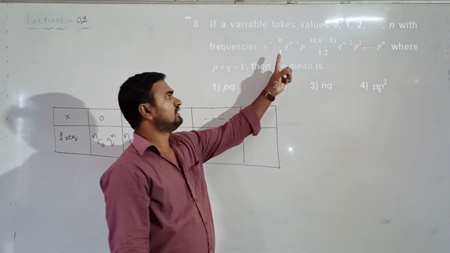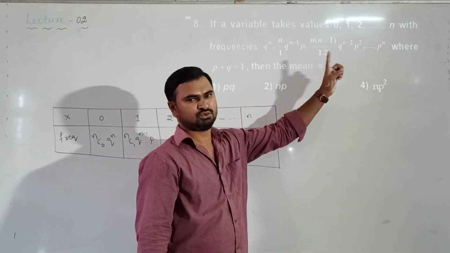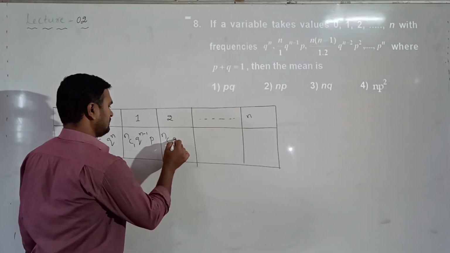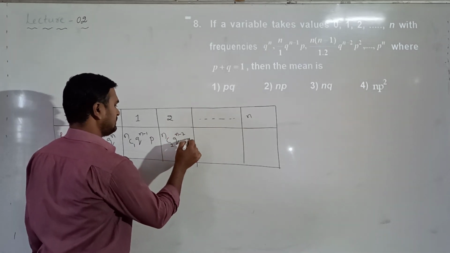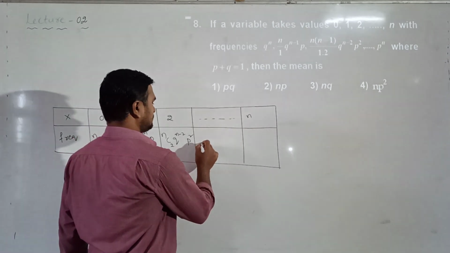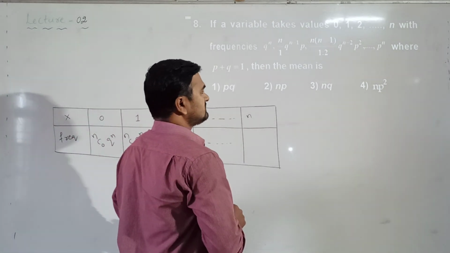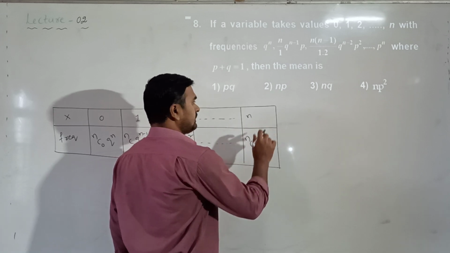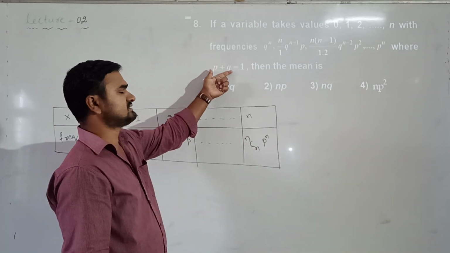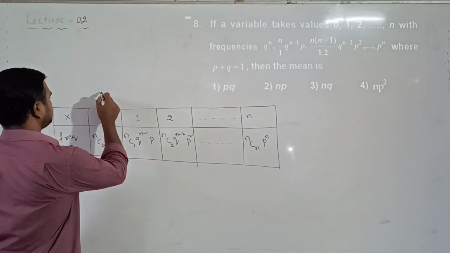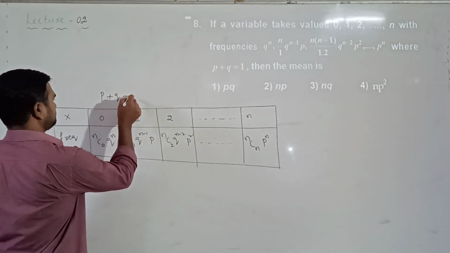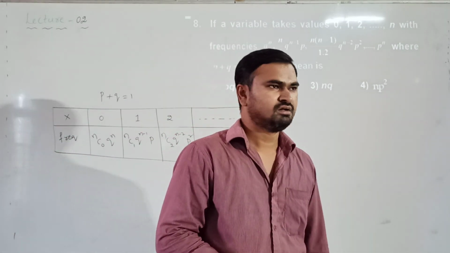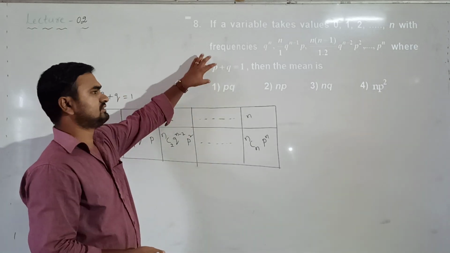Next, n into n minus 1 by 1 into 2 is nc2 q power n minus 2 into p square and so on. The last term is p power n, which I can write as ncn into p power n. The given condition is p plus q equal to 1. Now we need the mean of this distribution.